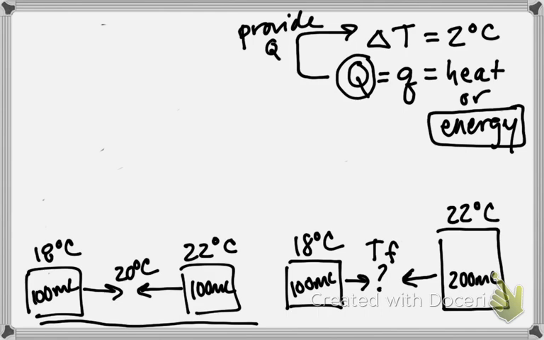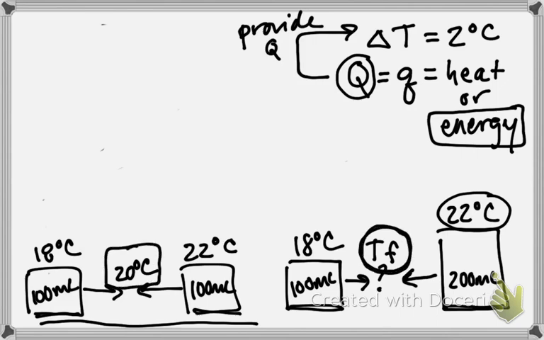Now, we're going to get better mathematically at predicting that, so you're not just guessing, but even without having the formula at hand or trying to do the math, just go through mentally and think, all right, how would that be different? If I'm no longer doing 100 mils of this and 100 mils of this, now I'm doing 100 mils of this and twice as much of this at 22 degrees C, what do I think that's going to do in terms of where my final temperature settles? Because here they settled right between the two. Right between 18 and 22 is 20. So they both settled at the same final temperature, and it was dead smack in the middle.